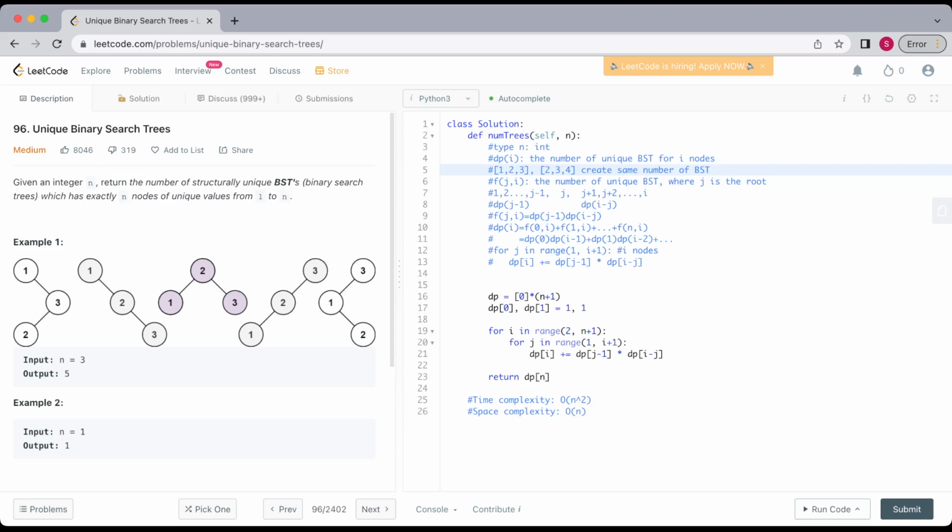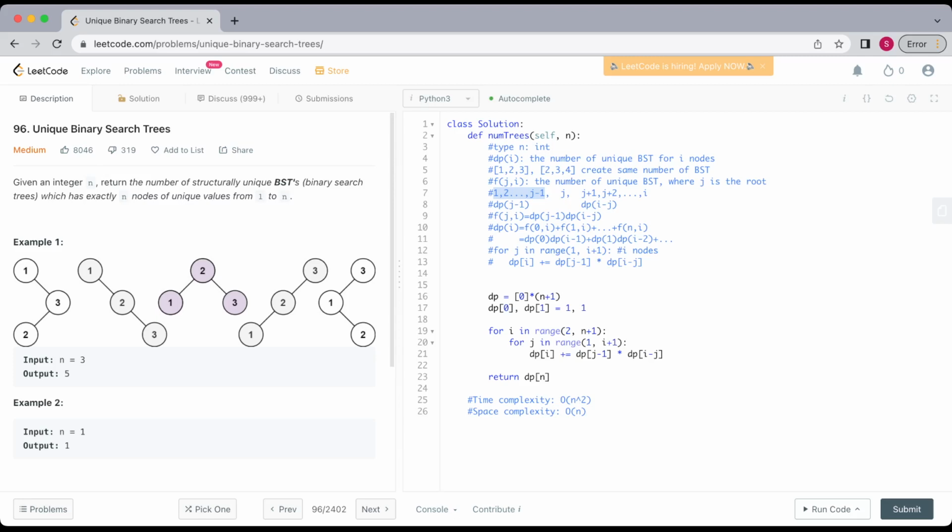Here is our explanation. j is the root, and we have node 1, node 2 until node j minus 1 to form the left subtrees, and we have j plus 1, j plus 2, and the largest node i to form the right subtrees. Here we have j minus 1 nodes to form the left subtrees.